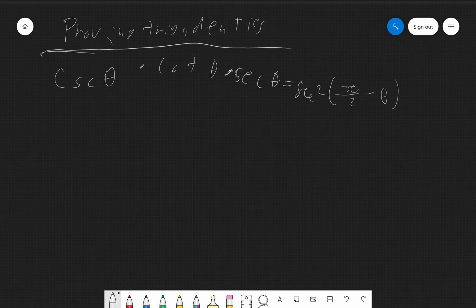Usually when you have these cosecants, cotangents, secants, I like to convert them into sines and cosines. Remember how I said you need to know sines and cosines.